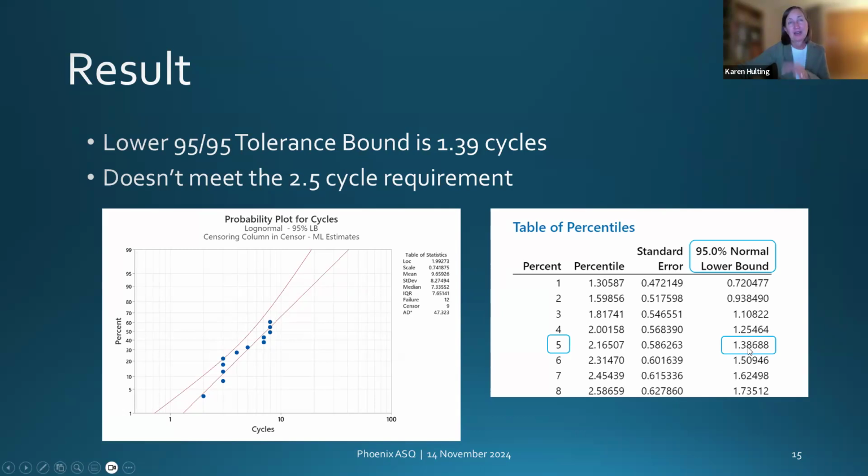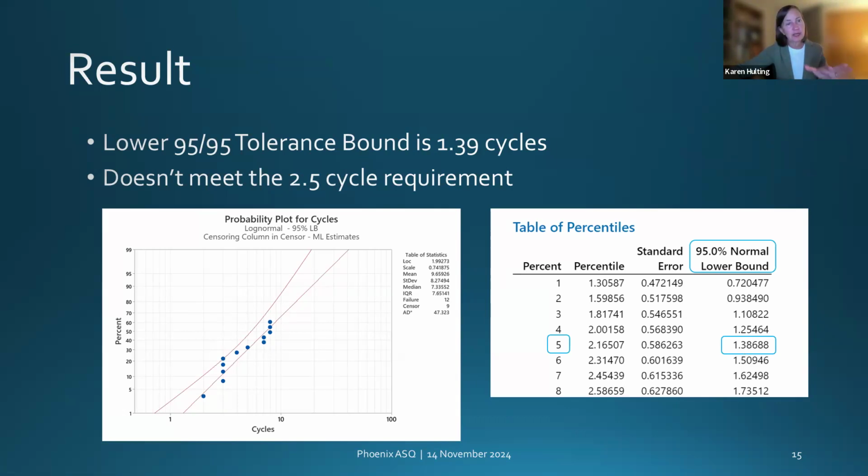Because then we look at that 95% confidence bound, which relies on a normal distribution assumption. We are using a log normal assumption for the time to failure data, but the variability around that fitted line typically uses a normal distribution assumption. And then we get to this estimate of about 1.4 cycles is what we can count on with 95% confidence.